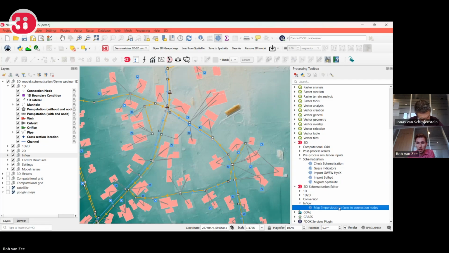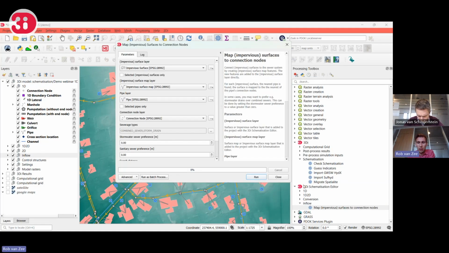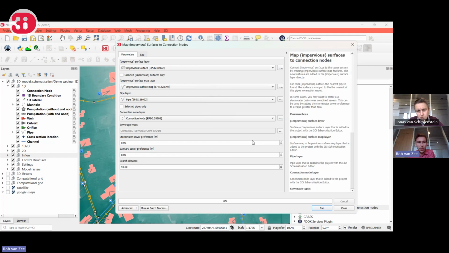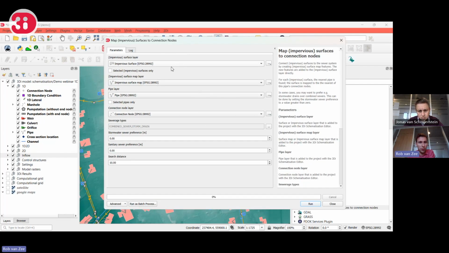So how to map all the buildings to the sewage. And here you can fill in a lot of parameters which are important for your connections. You can even set a preference. So for example, if you want those buildings close to this stormwater drain to connect to the stormwater drain earlier than to the combined sewage or the sanitary sewage.